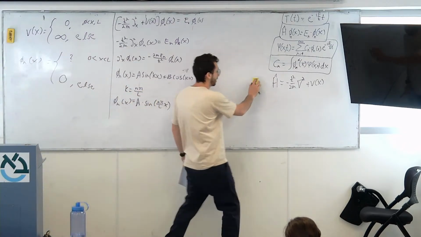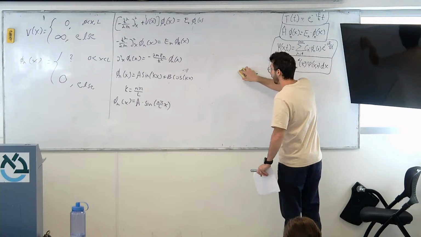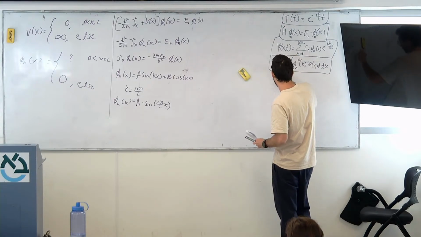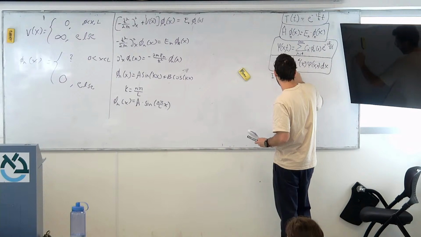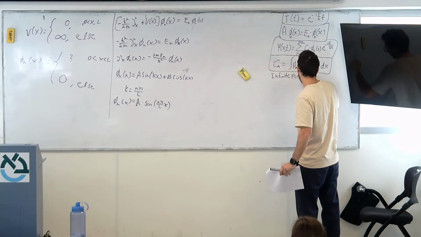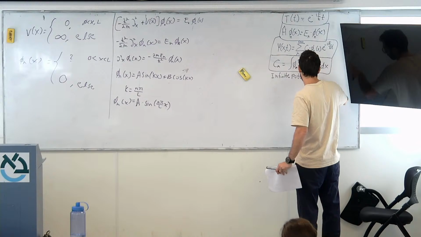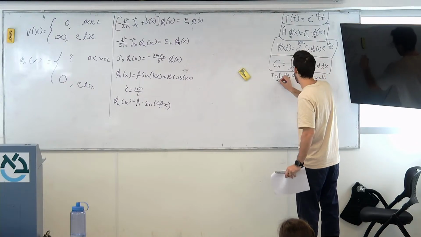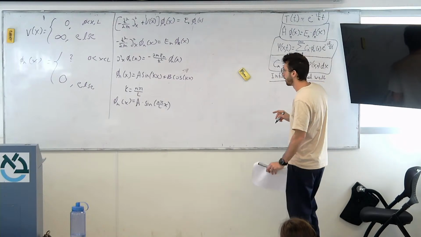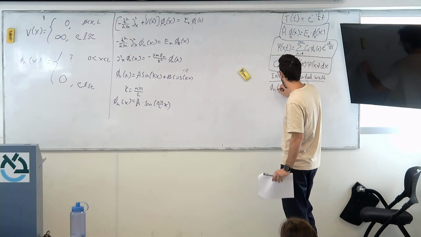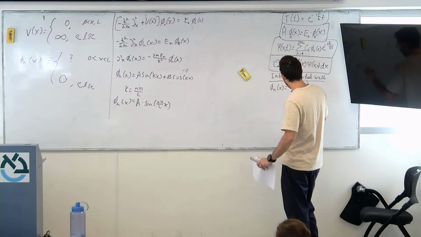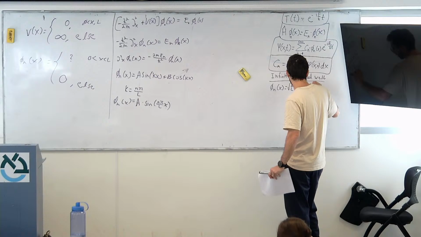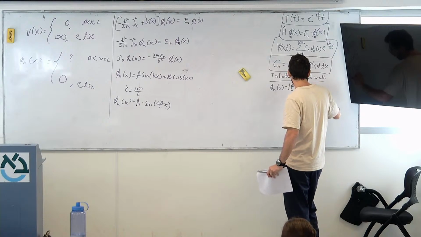Let's just write here the summarization. So for the infinite potential well, we get that phi n of x is the square root of 2 over L times sine of n pi over L x.